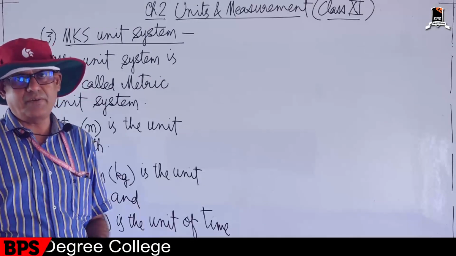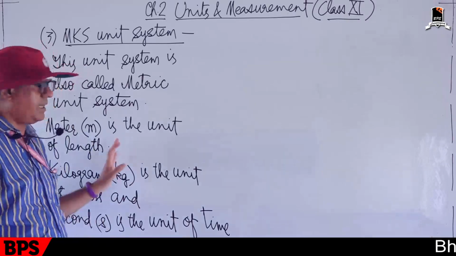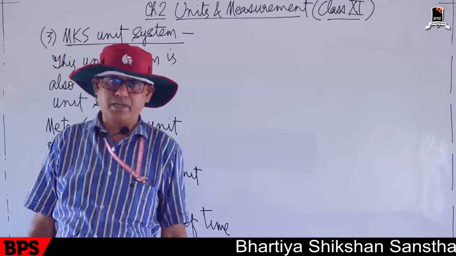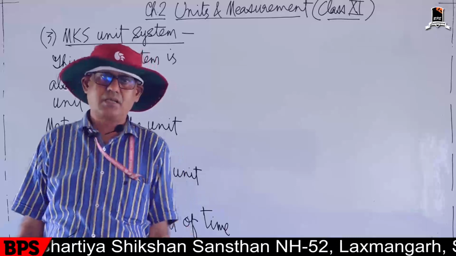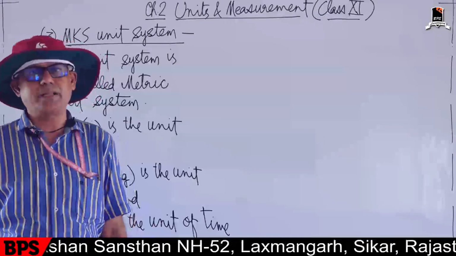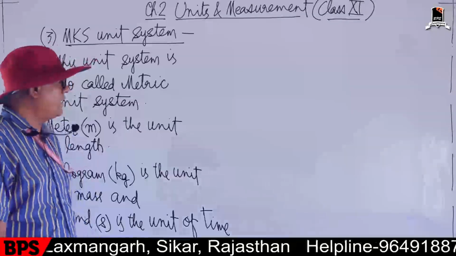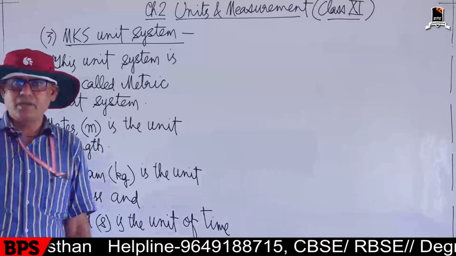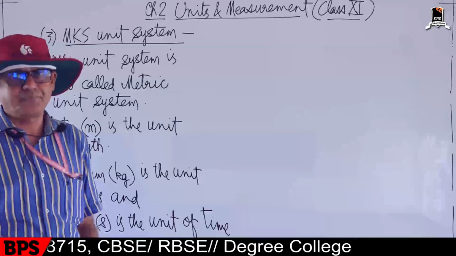It has 7 fundamental quantities instead of 3. SI unit system has 7 fundamental quantities, and along with fundamental quantities there are 2 supplementary quantities also. So now we are going to discuss SI unit system, which is used nowadays universally.